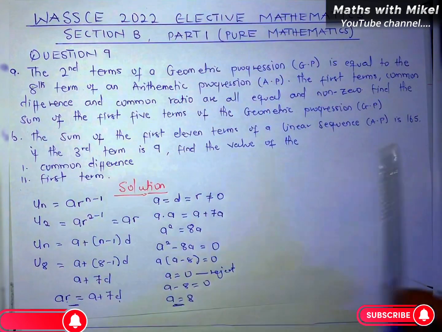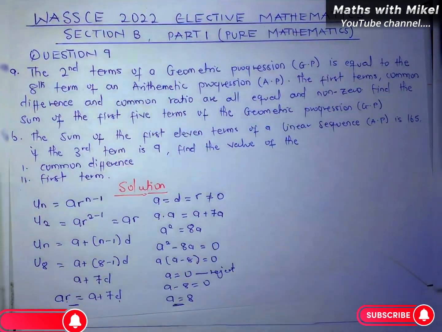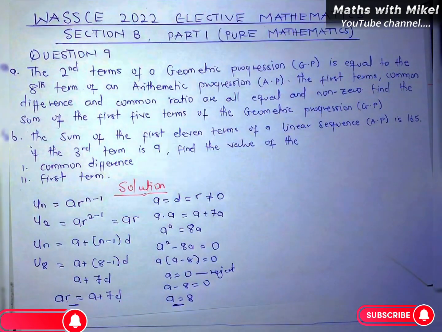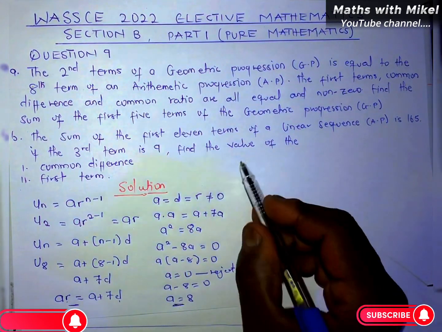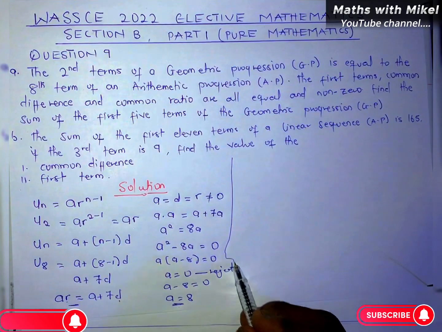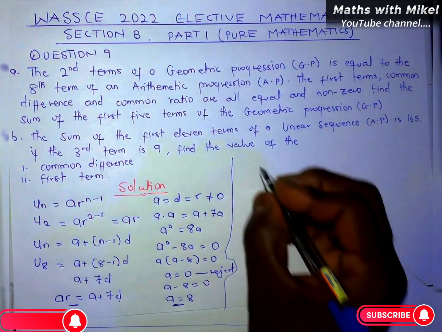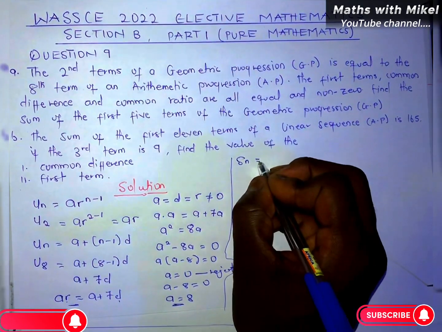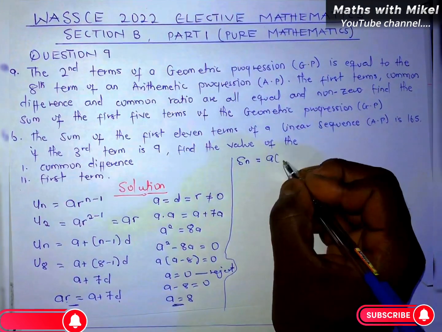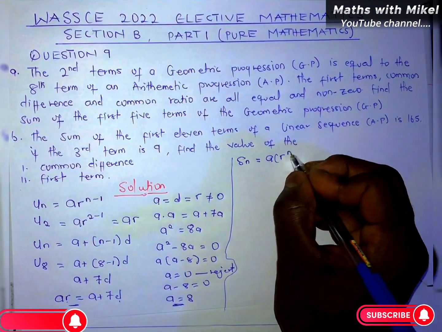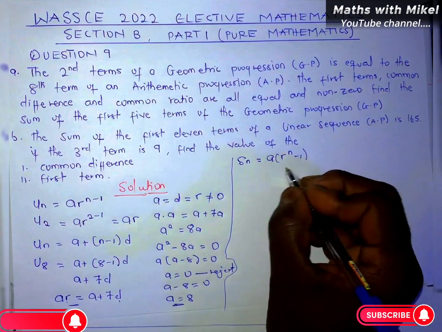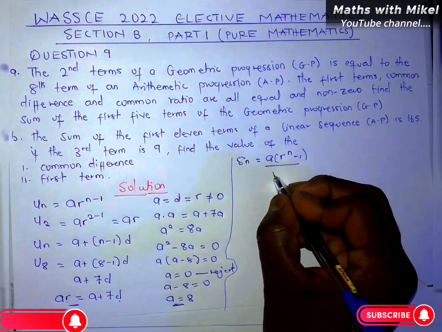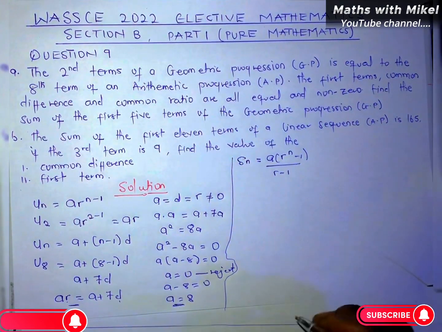The question is, find the sum of the first 5 terms of GP. So the sum of the first 5 terms. Sum of GP is a into bracket r exponent n minus 1 all over r minus 1.